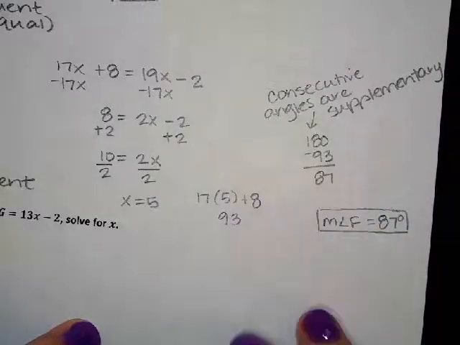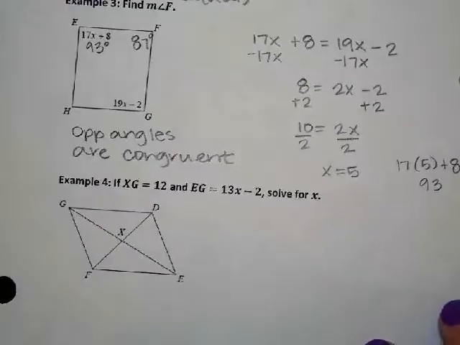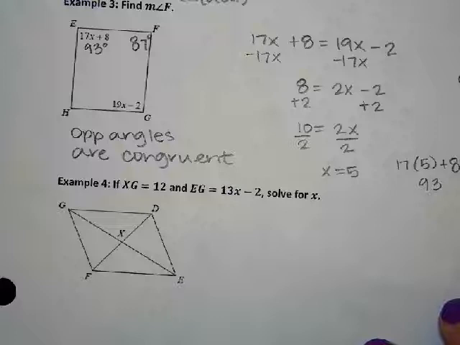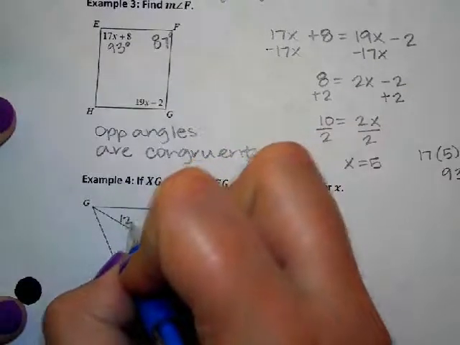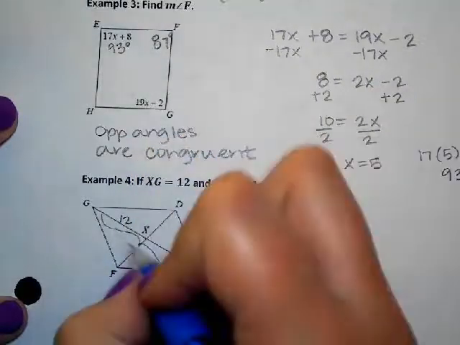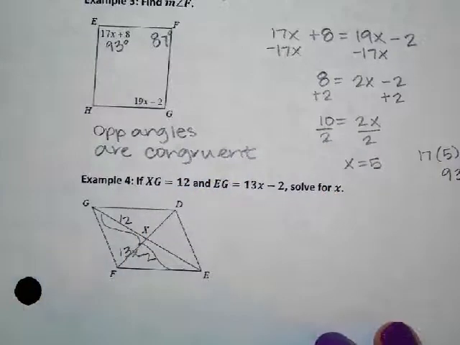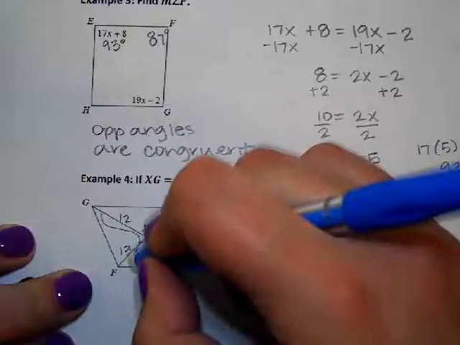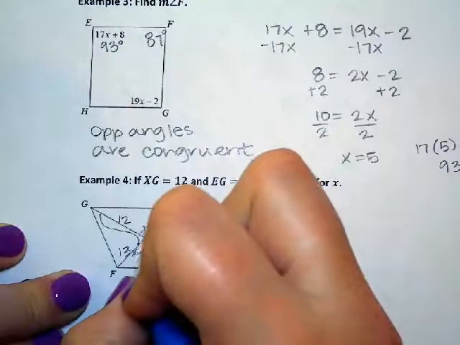Okay. The next one says, if XG is 12 and EG is 13x minus 2, solve for x. Can't really read what I wrote there. 13x minus 2. So can anyone tell what property we're using on this one?